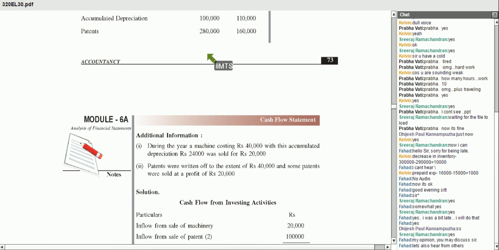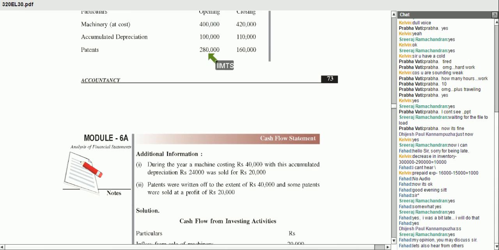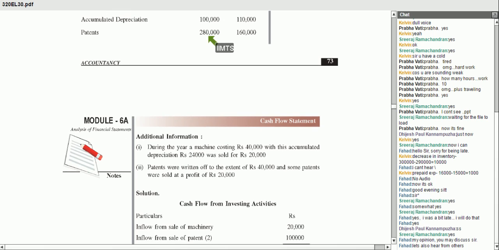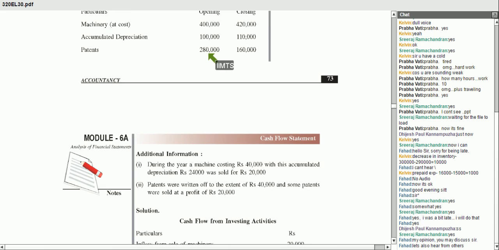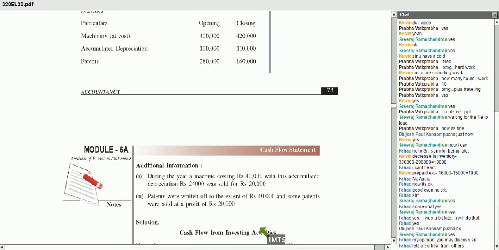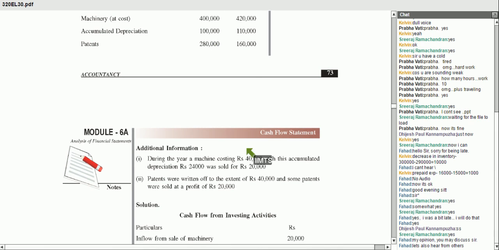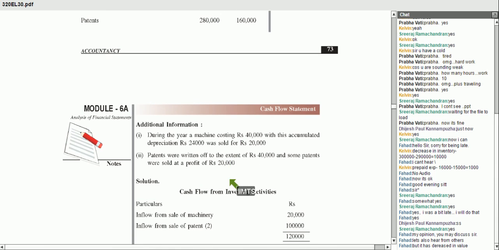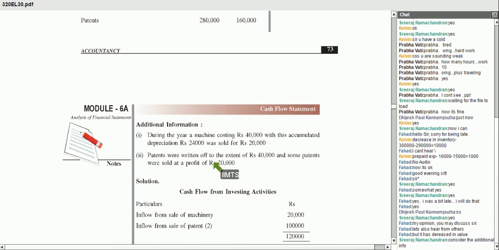Right. Similarly, if you see the patents, inflow from the sale of patent is 1 lakh. Don't only consider this value. Consider this value as well. But read this as well. Additional information. Patents were written off to the extent of rupees 40,000, and some patents were sold at a profit of 20,000.